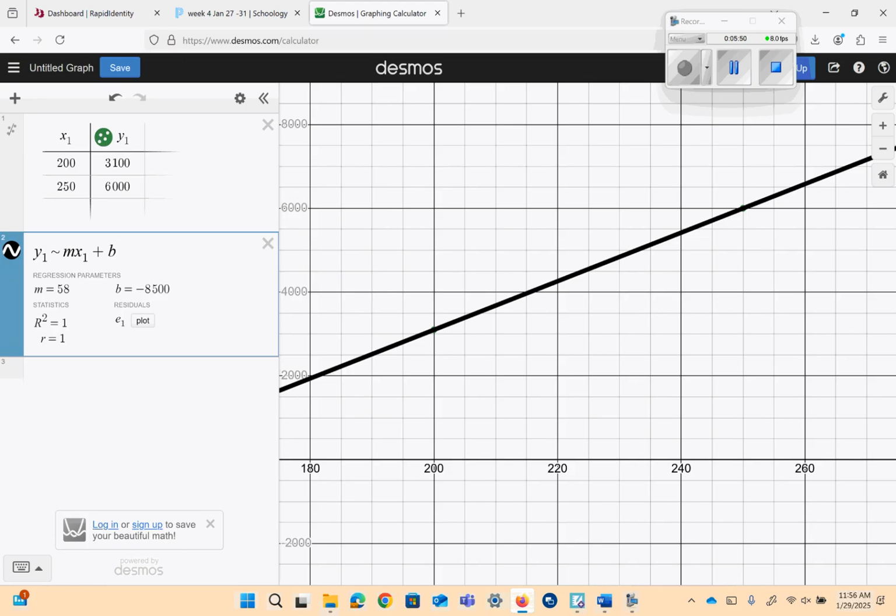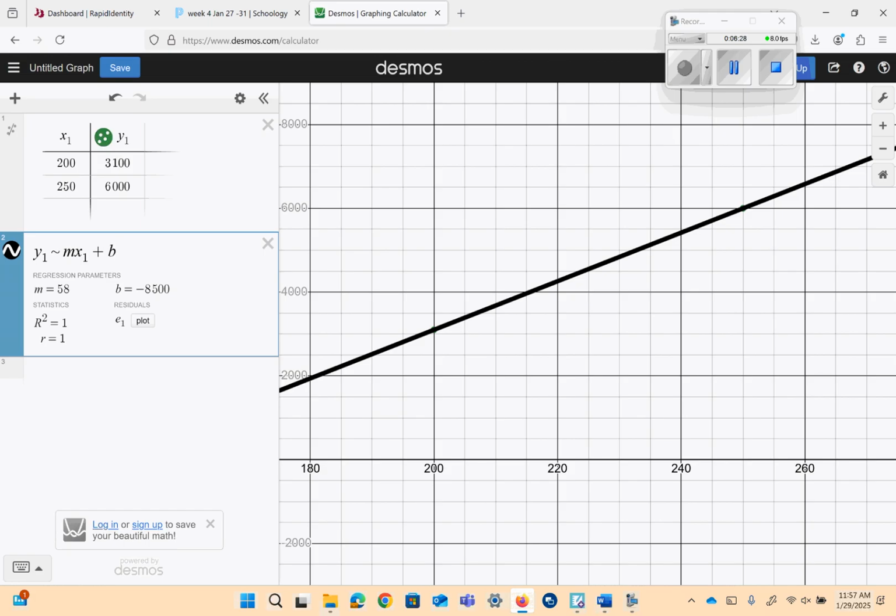Write a profit function and find the marginal profit. So, what did we say marginal profit was? I've got to look in the book because I don't remember off the top of my head. It says the slope of the profit function represents the rate of change in profit with respect to the number of units produced.